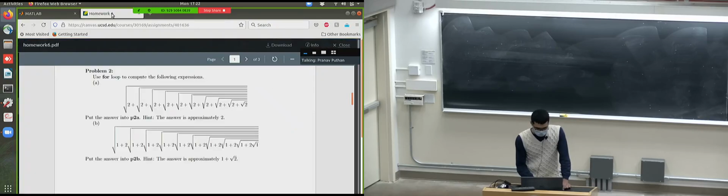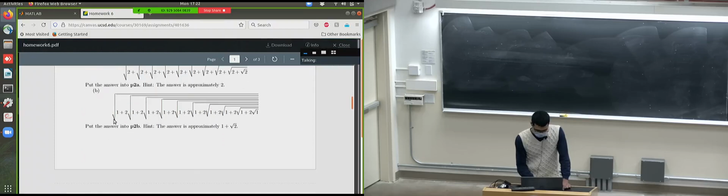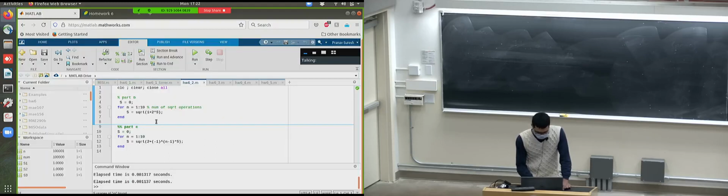So in part B, you have 1 plus 2 times square root. The innermost part here has a square root operation that has to happen when the value of the iterand is 1. So for example, let's say n is 1.